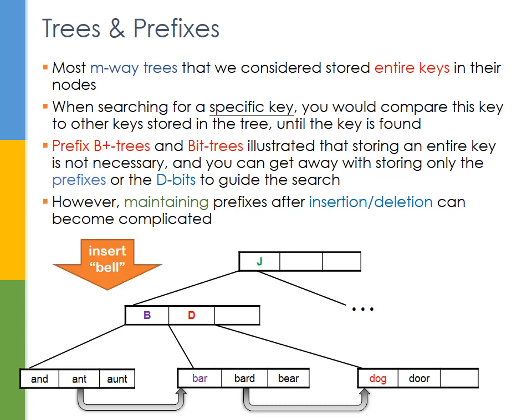However, suppose we insert another word into this prefix tree. Let's say that word is bell. Bell is obviously going to belong in my B leaf node, but as you can see, that leaf node is full, it's at maximum capacity, so I have to split the node.